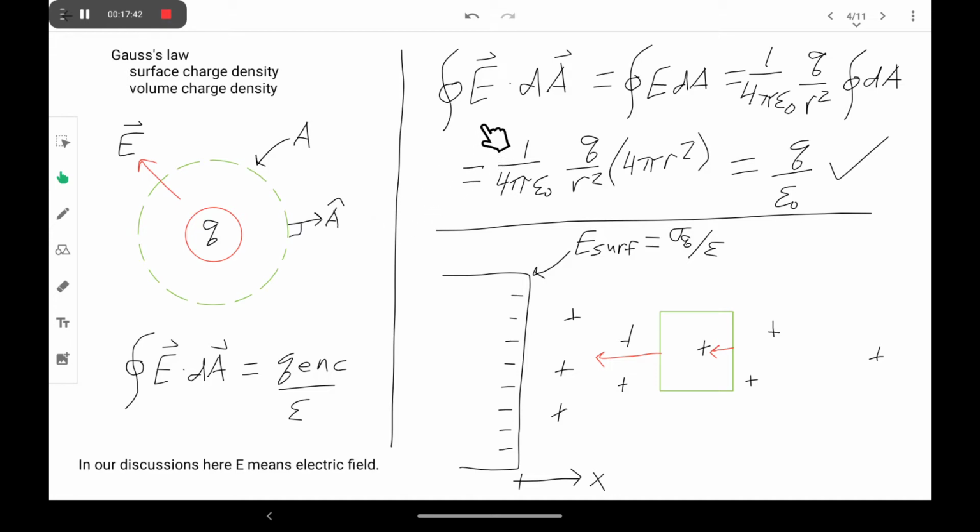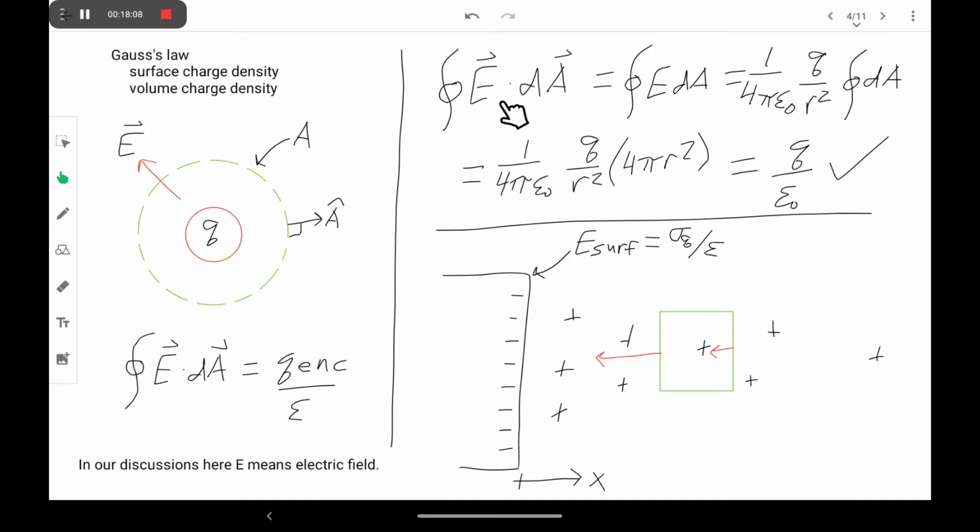Let's go up here. Let's do it for a point charge. So we know a lot about a point charge. Okay, so if I choose a spherical surface that is centered on that point charge, then E is always going to point radially outward, which means perpendicular to that surface everywhere. So it's constant in both size at the distance r, and it's constant in direction. That's always perpendicular.